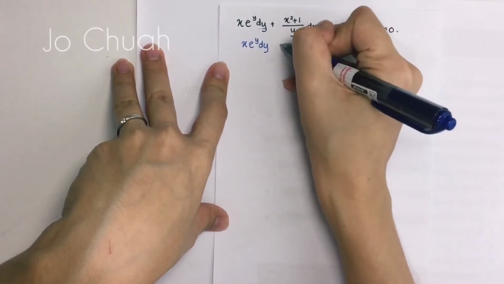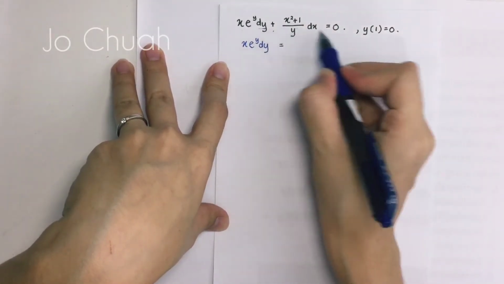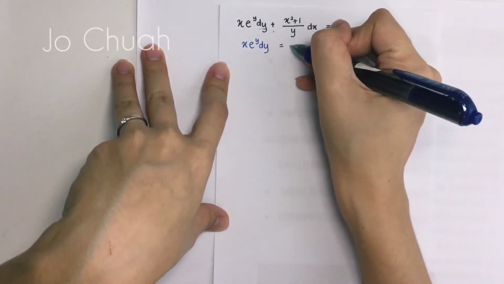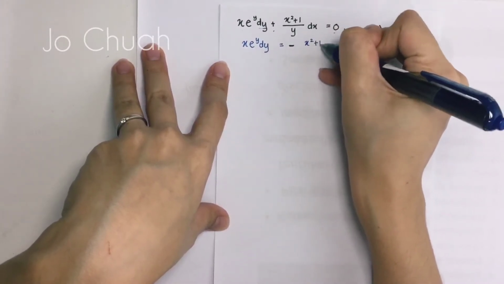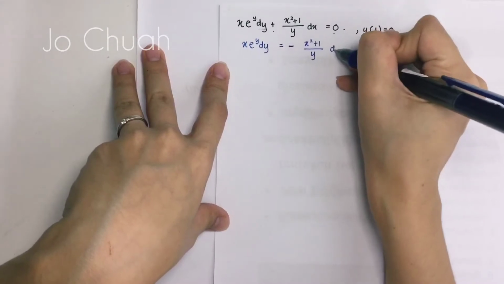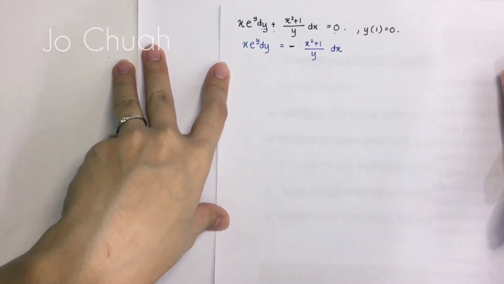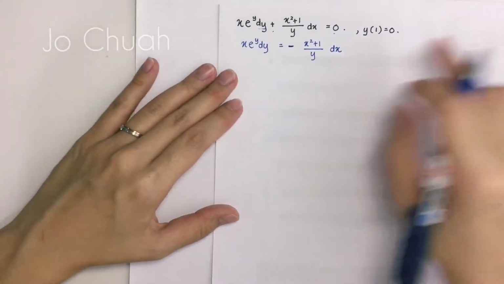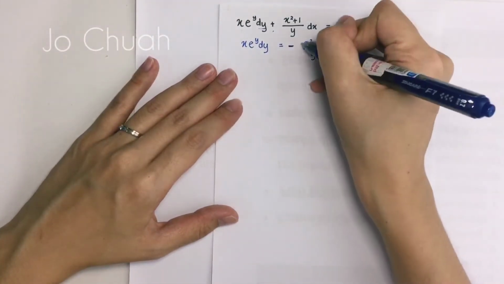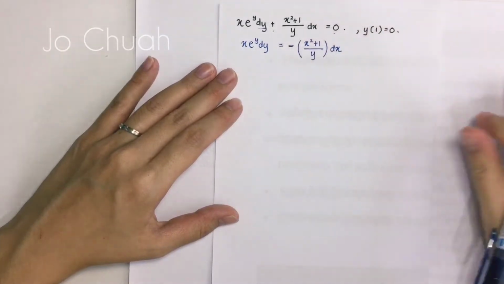What I'm gonna do here is I will move this term to the right, sorry. So I'll have negative x squared plus 1 over y dx, alright? But you have to check this negative sign is actually for the whole thing right here.